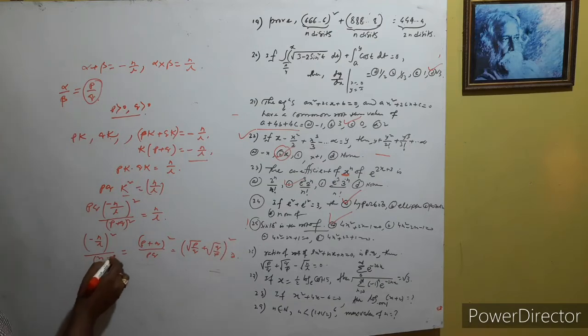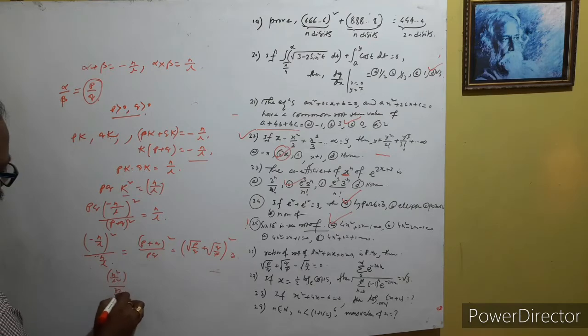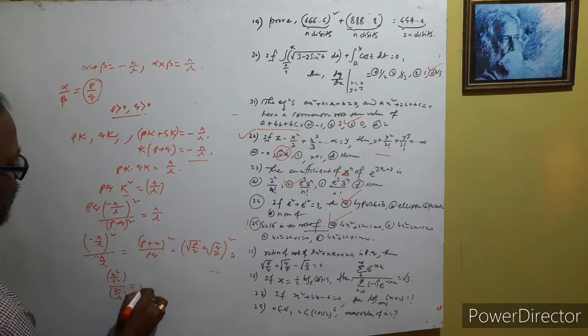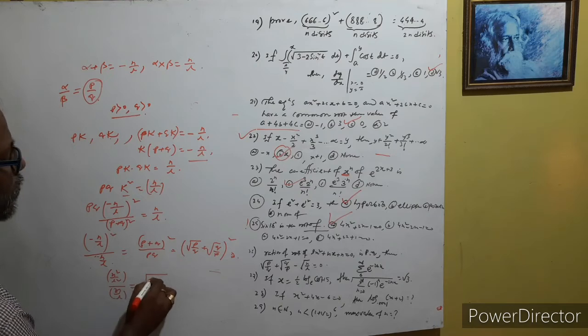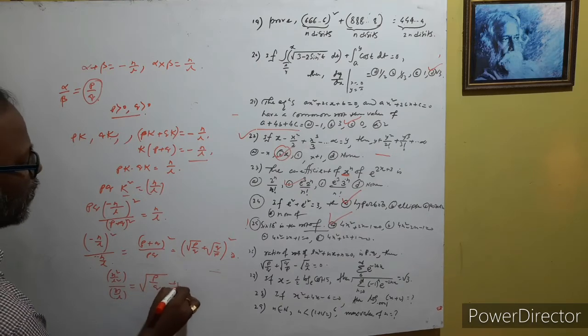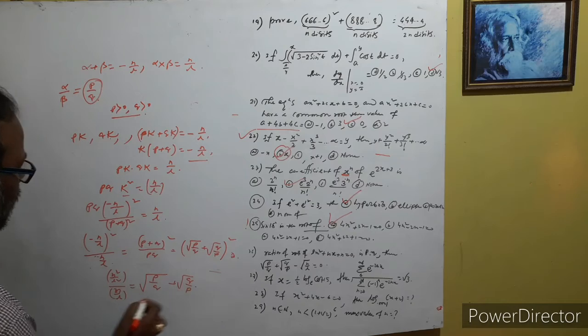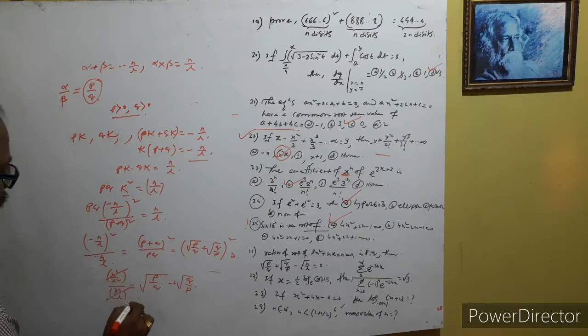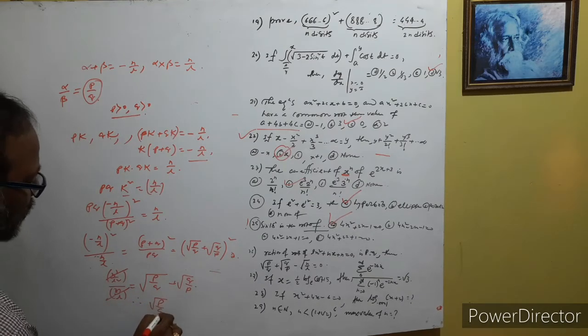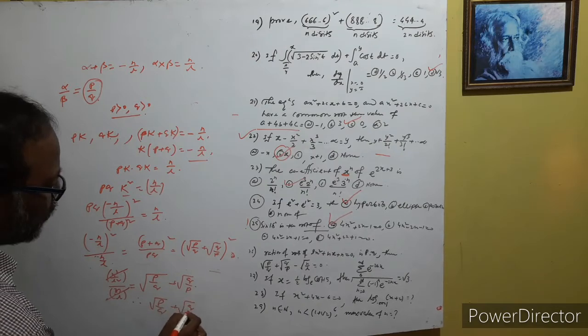So this is n by l, so n square by l square, then n by l, and this is equal to root over p by q to root q by p. Okay, cancel root over p by q, q by p.